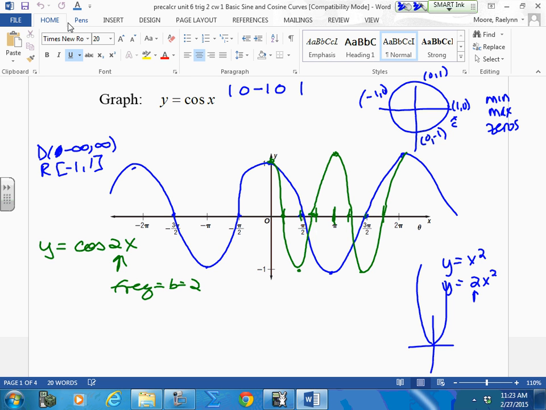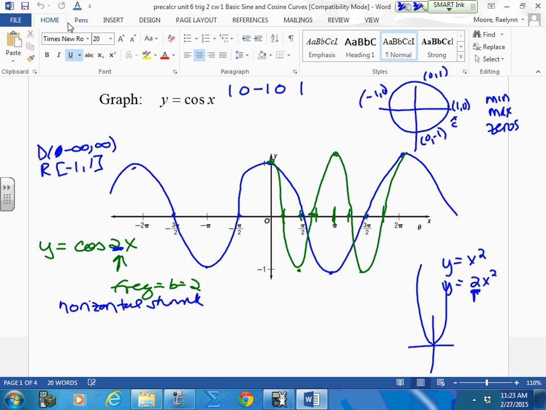When we get to the trig, this is what I didn't want to confuse you in, we call this a horizontal stretch and shrink. So even though this is a whole number here, and it did a vertical stretch, it really did a horizontal shrink. So when we get here, we call this a horizontal shrink. It's like an accordion.